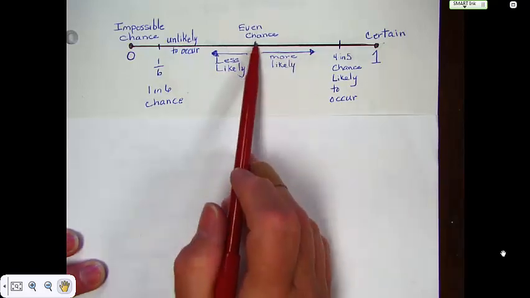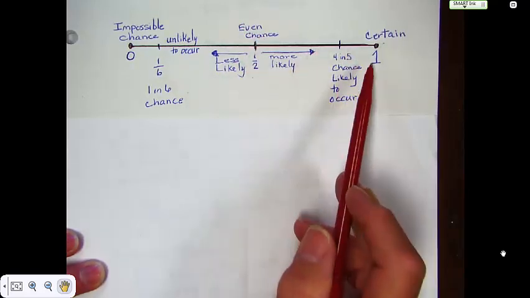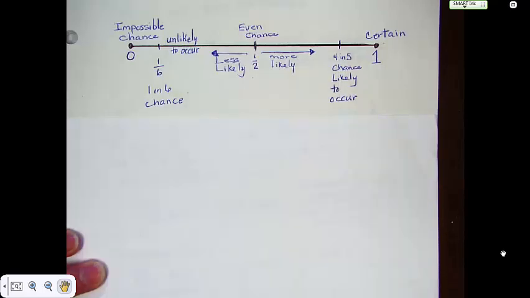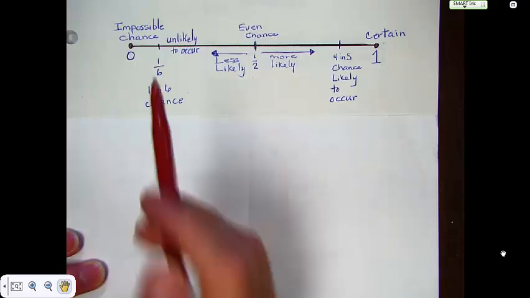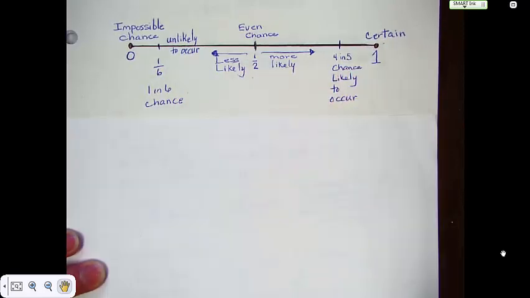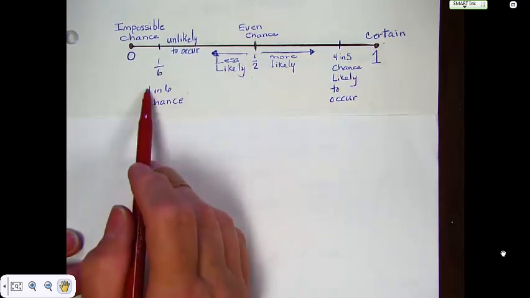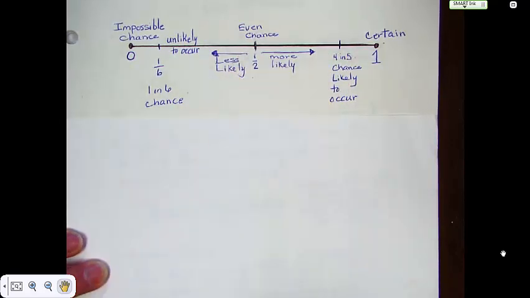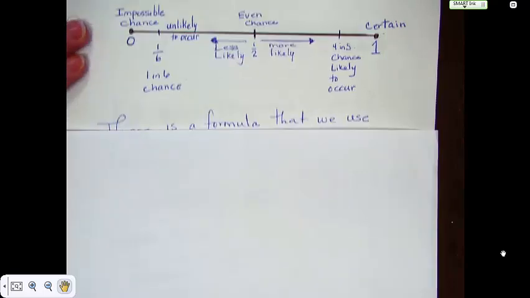But when you start getting past the middle, it's more likely to occur than to not occur. 4 out of 5 times it's going to occur. 7 out of 8 times it's going to occur. You think of these as fractions, but when you're talking about probability, it's really like 1 in 6, 4 in 5, 1 in 2. And so they cease being fractions for a little while to show probability.